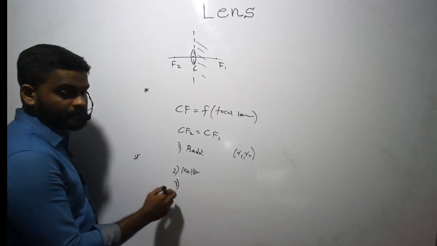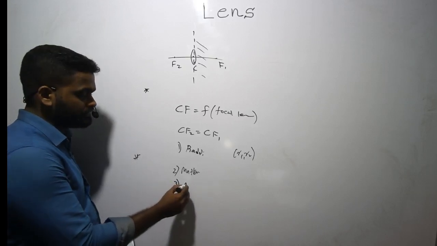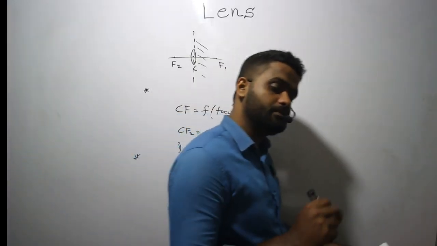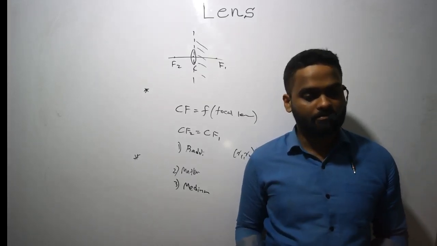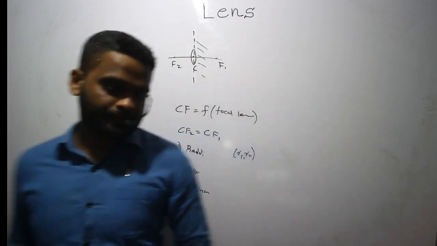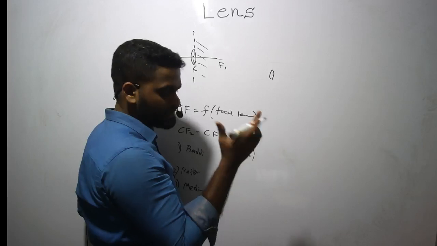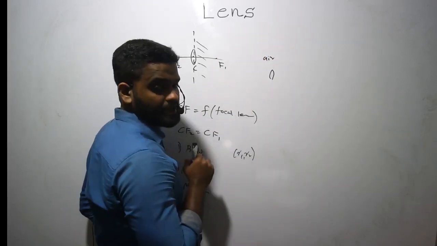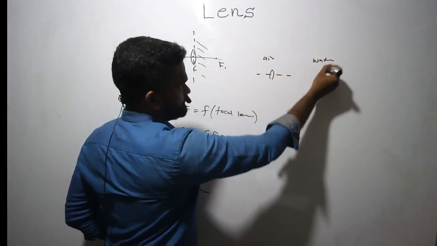Third one: medium the lens is placed in. So if you have the same lens, let's say here the medium is air, outside it is air, and here the medium is water.